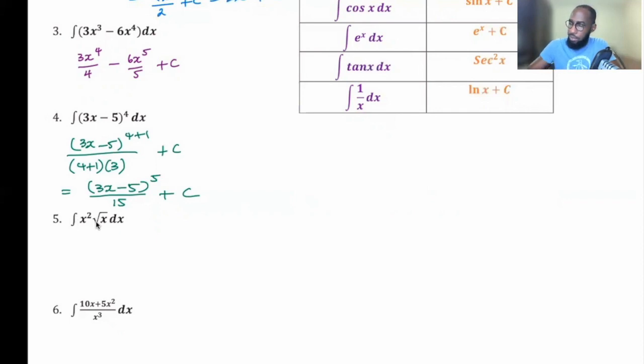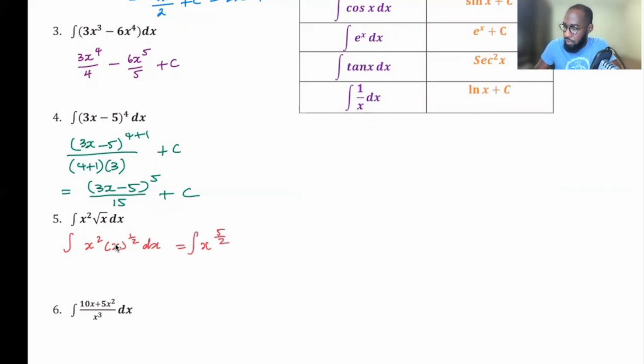So to simplify, we apply laws of indices. We say x squared multiplied by x to the power of a half dx. Square root of x is x to the power of a half. That is equal to x to the 2 plus a half, which is 2.5, and 2.5 is equal to 5/2.